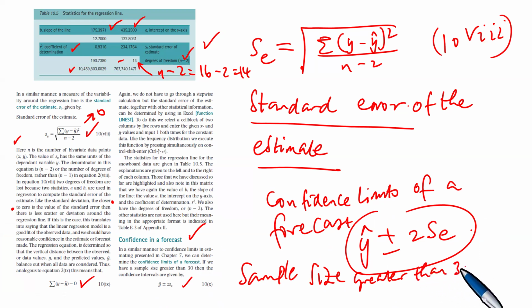So we use this for a sample size greater than 30. That's when we can determine the confidence limits of a forecast.